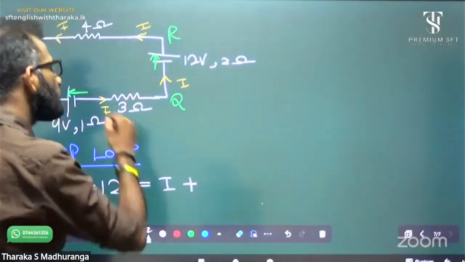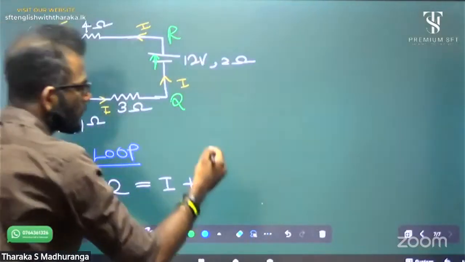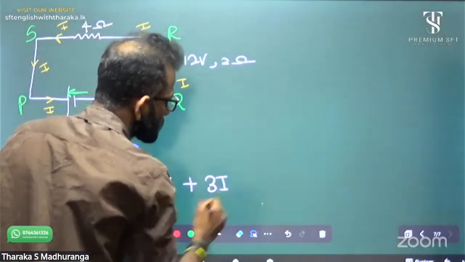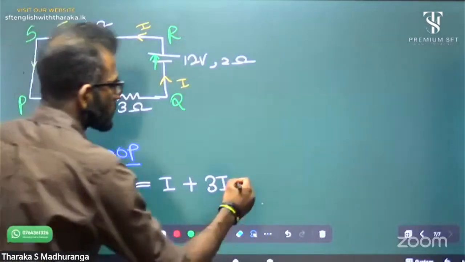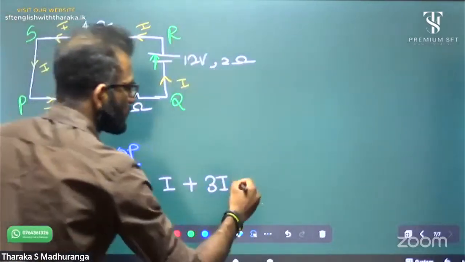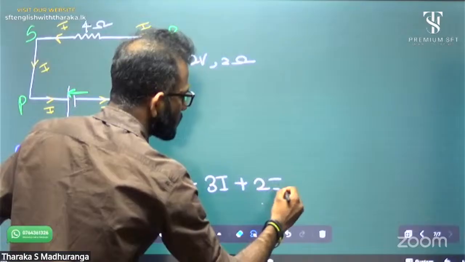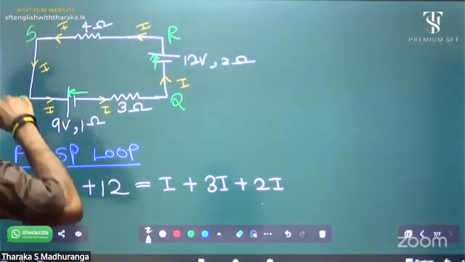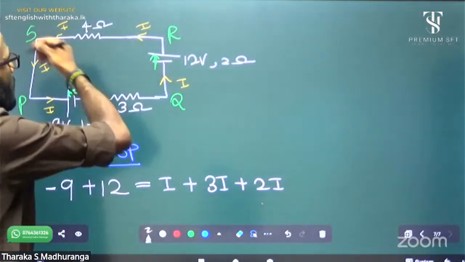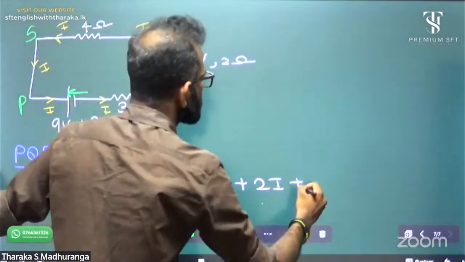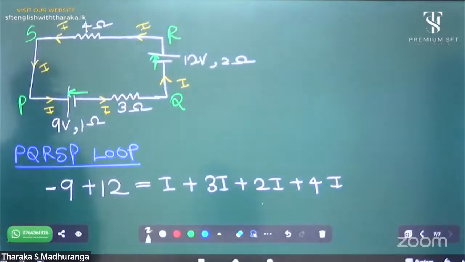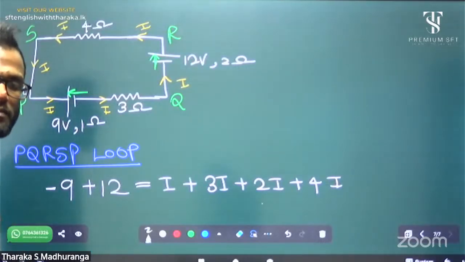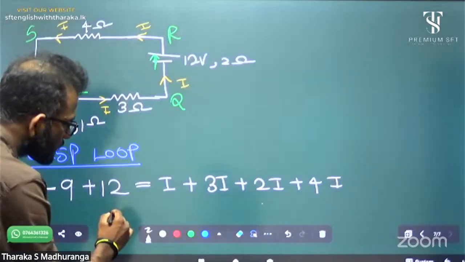Plus, my direction and current direction are same. I into 3, it's 3I. My direction and current direction are same. I into 2, 2I. My direction and current direction are same. Plus I into 4, 4I. Now, minus 9 plus 12. What is the value? Plus 3.